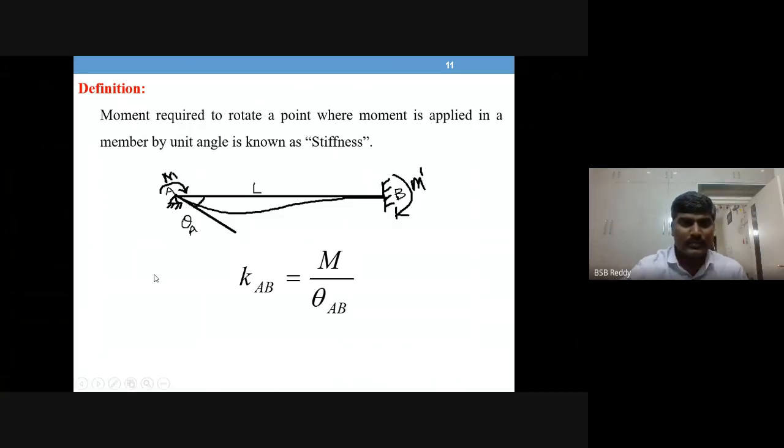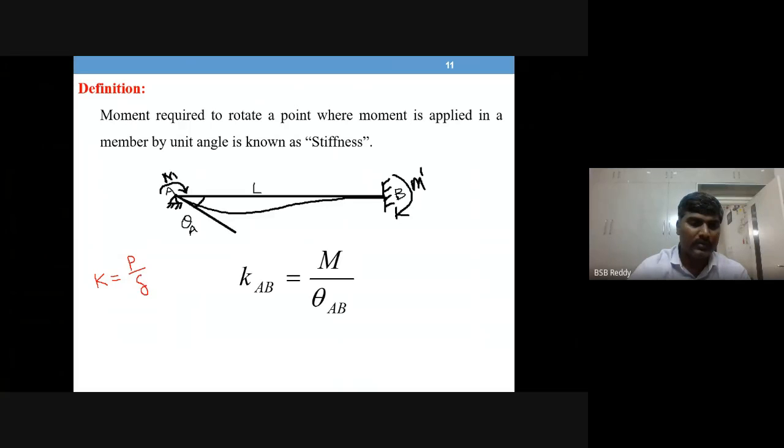So generally, what do we say stiffness is? Immediately when I ask you what is meant by stiffness, you say it is simply K equals P by delta.